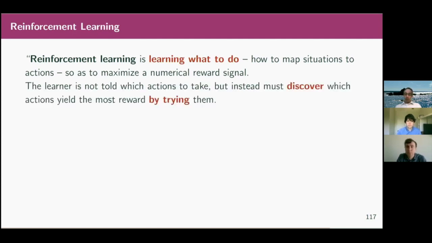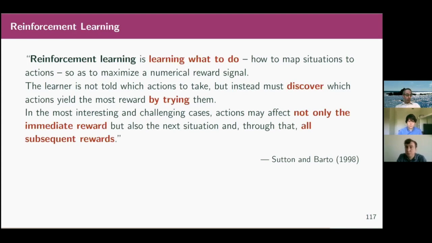We don't tell the learner what actions to take, what rankings to produce, what result pages to generate. The learner must discover this by taking actions and then discovering which of these actions produce the highest rewards.